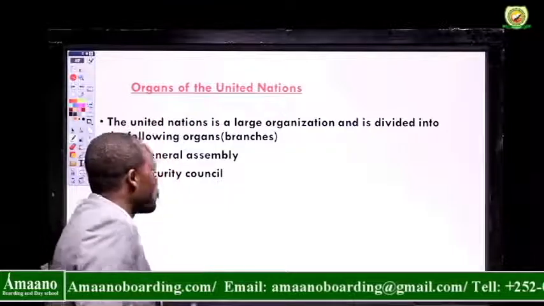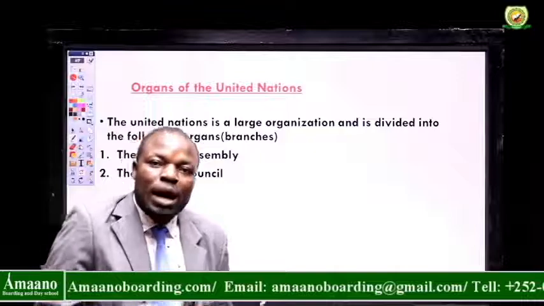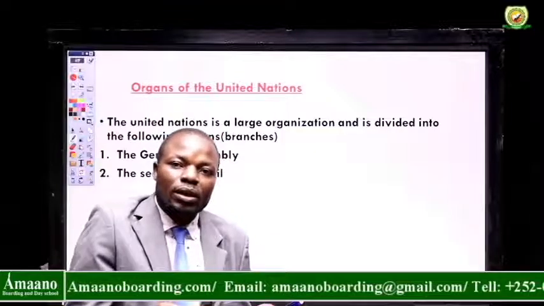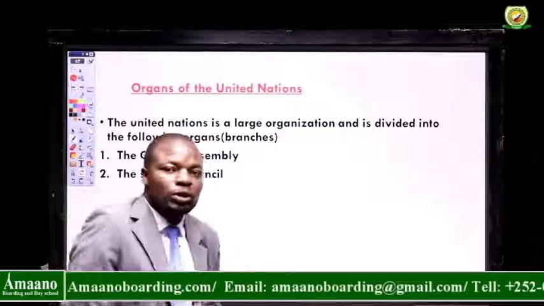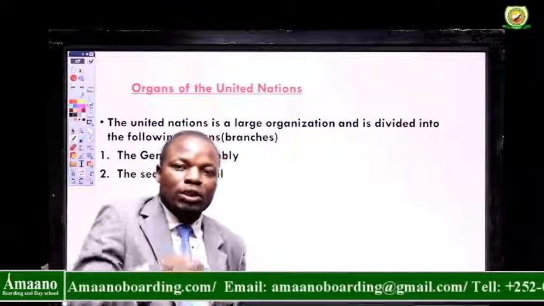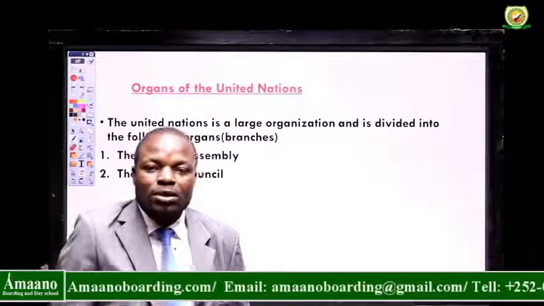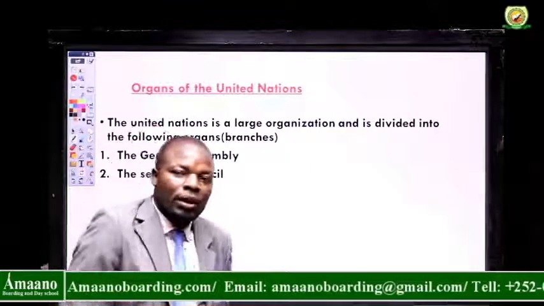And two, we have the Security Council. When we talk about the Security Council, we're talking about countries. Among those 195 countries, we have 5 countries that are permanent members of the Security Council. We shall look at them in our next lesson. This includes the USA, France, Britain, China, and Russia. They are powerful.